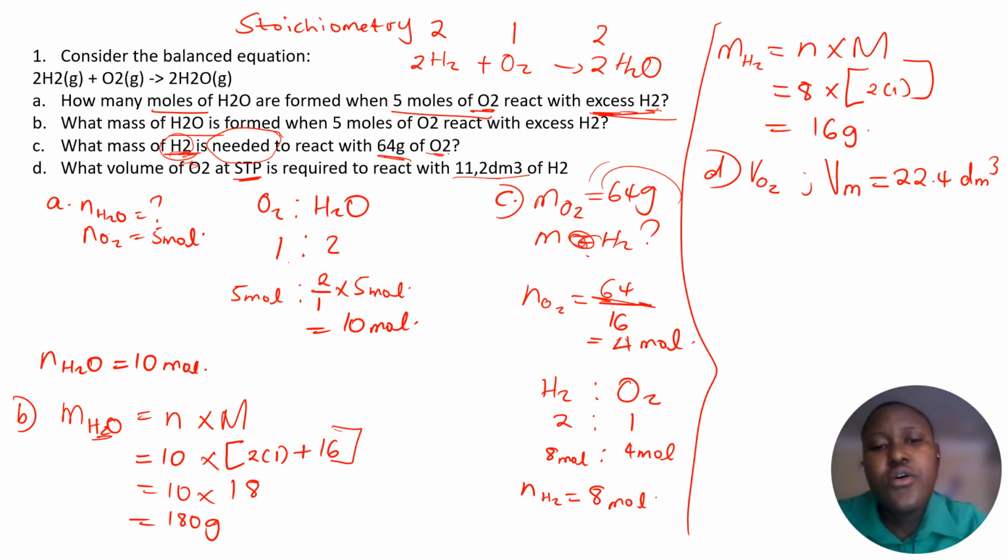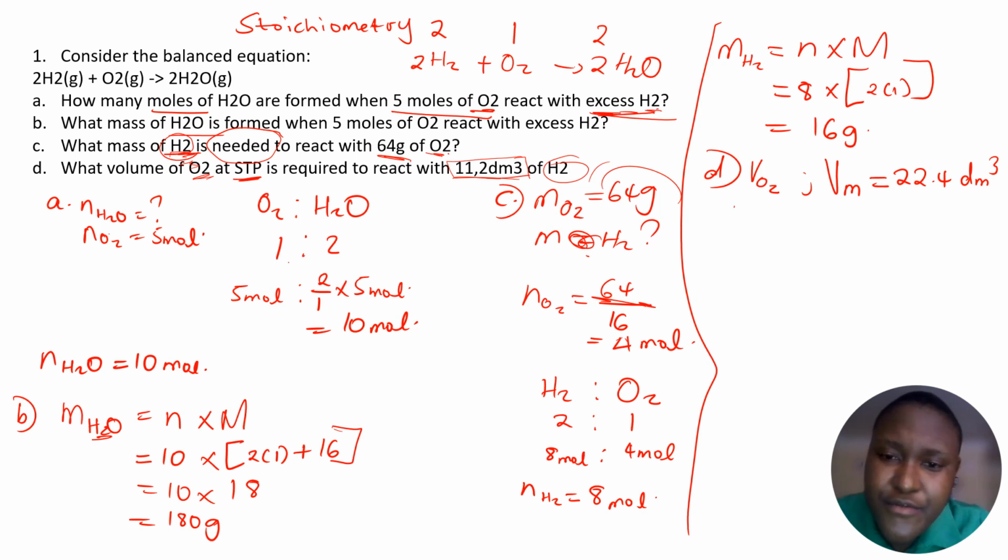Right. So, because they gave you the volume of hydrogen, and you know the molar volume, what you can do is calculate the number of moles of hydrogen, and after that, you are then going to find the volume of oxygen using the number of moles that you would have compared using the coefficients. Let us look at that.